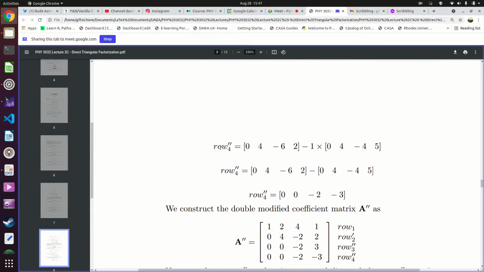So row number 4 double prime is going to be equal to 0, 4, minus 6, 2 minus 1 times 0, 4. What am I writing? What have I written?